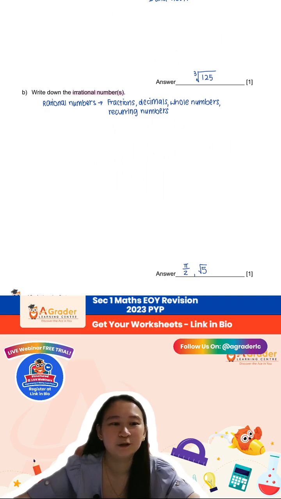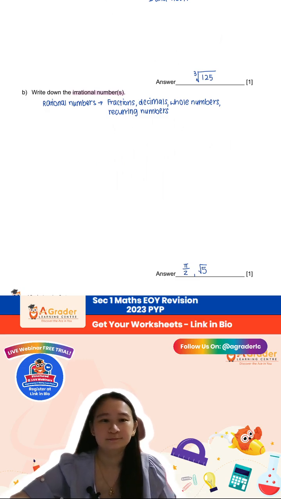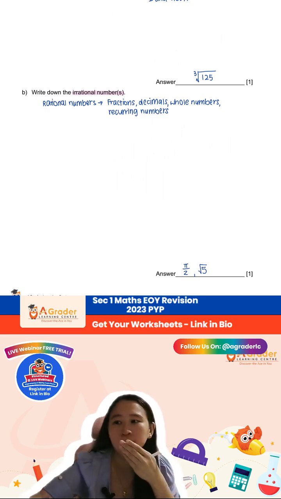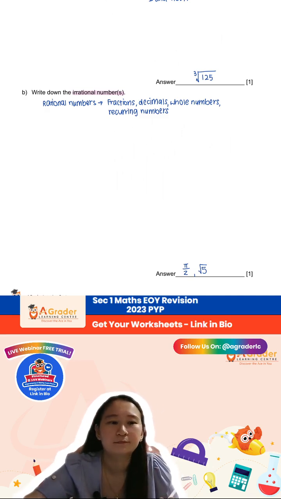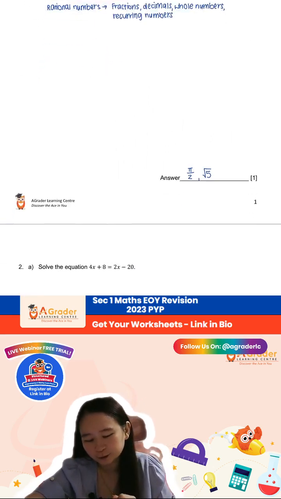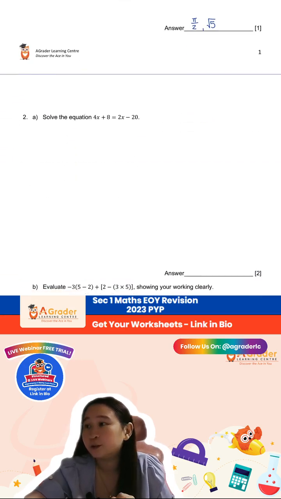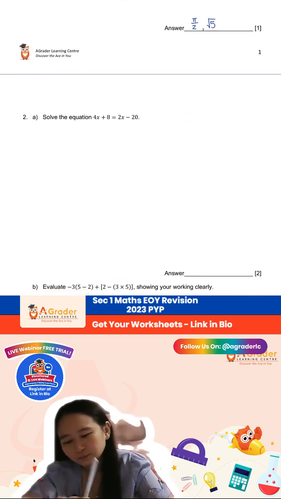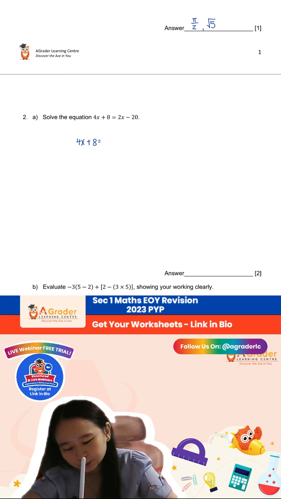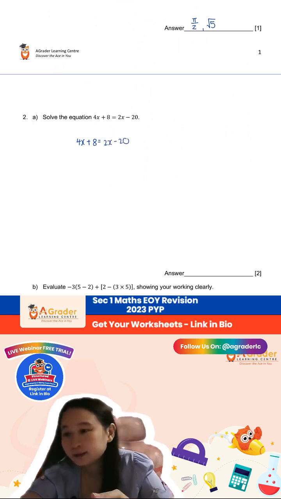Anyone done with question 2? Okay, let's move on to question 2. Solving the equation. So we have 4x plus 8 equals to 2x minus 20.